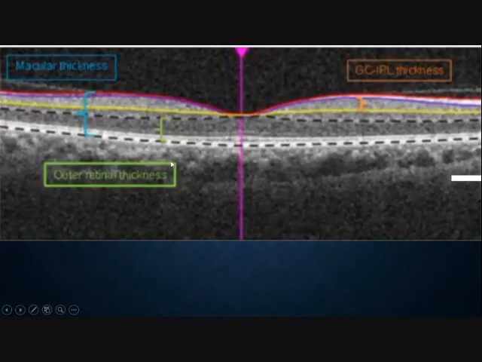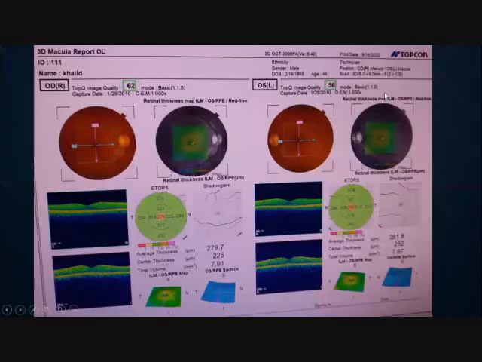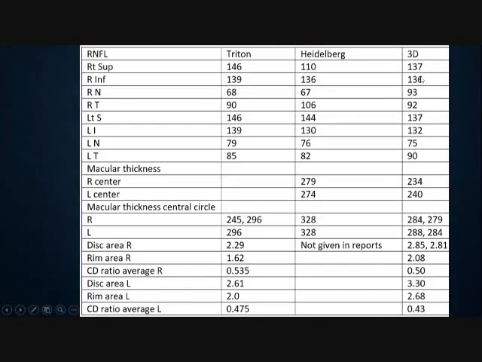This is also a Pakistani study. So coming to the macular thickness, any increase in the macular thickness means there is fluid, and we then have subgroups of outer retinal thickness as well as ganglion cell layer thickness. This is my own OCT with my own machine, a 3D 2000 TopCon, and I have compared my findings with the Triton, which is the swept source TopCon, the latest machine, and the Heidelberg.